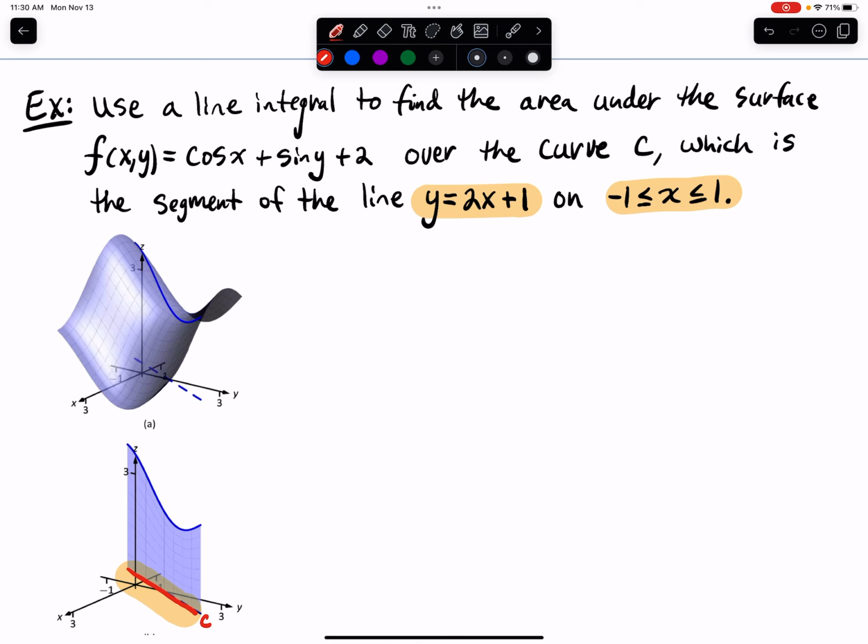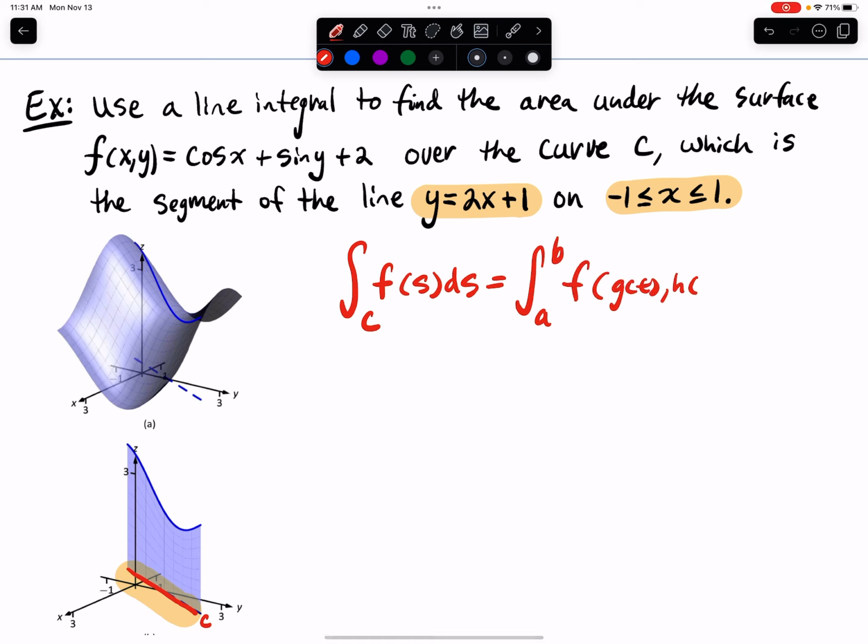Our formula: the line integral over C of f of s ds equals the integral from a to b of f of g of t, comma, h of t, and then we're going to multiply by the magnitude of r prime of t dt. Okay?